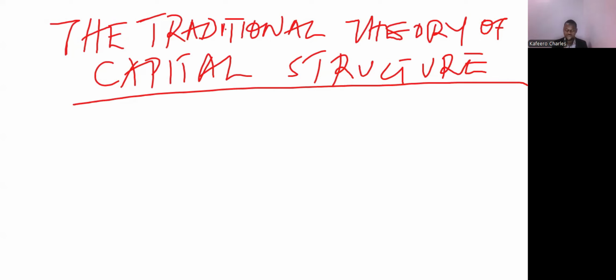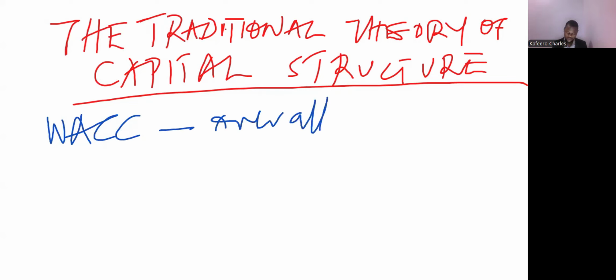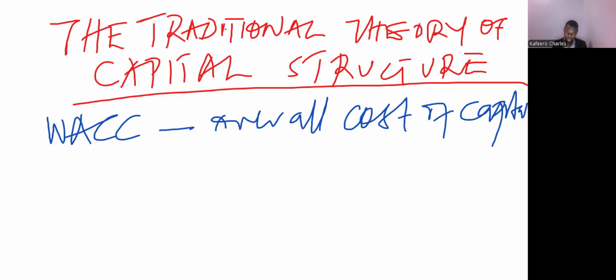Now, if we look at the traditional theory of capital structure, the issue is all about the WACC. That is what we call the overall cost of capital, or basically the cost of capital of any company.